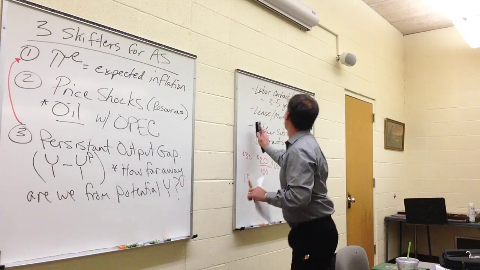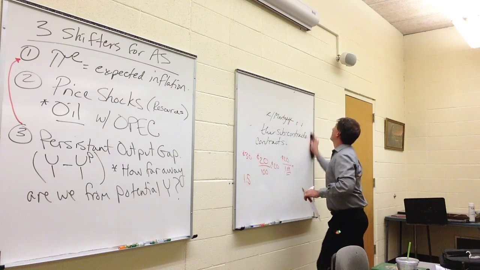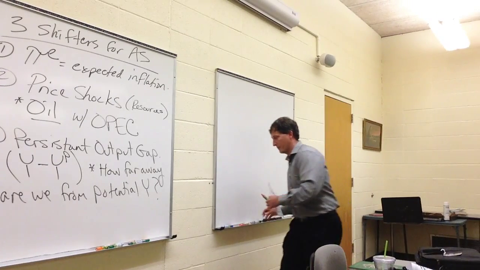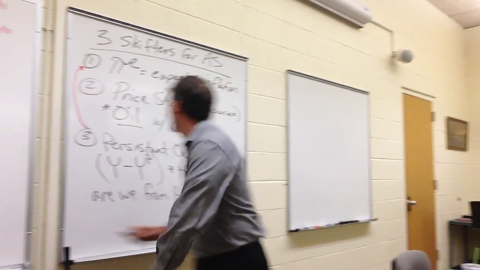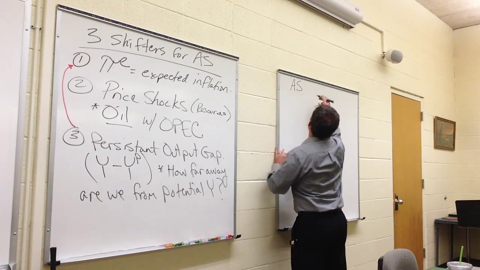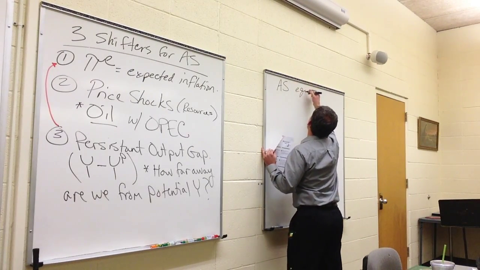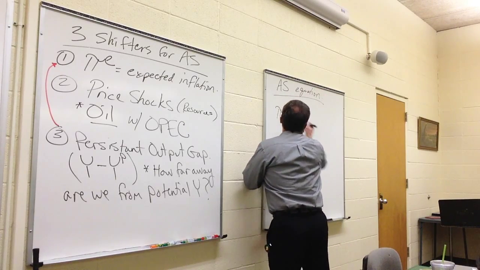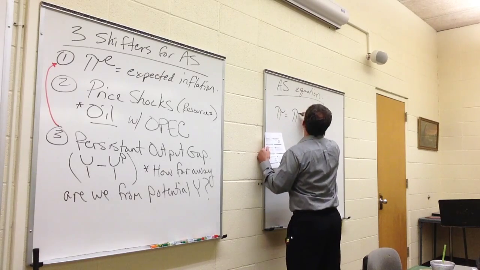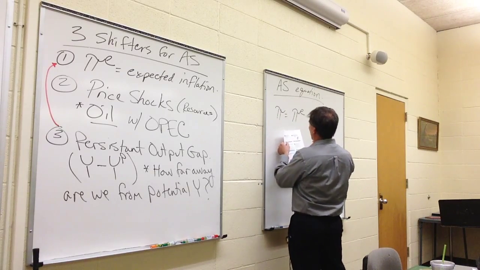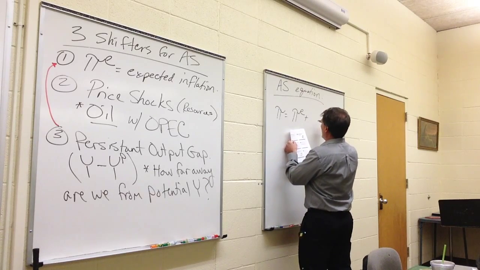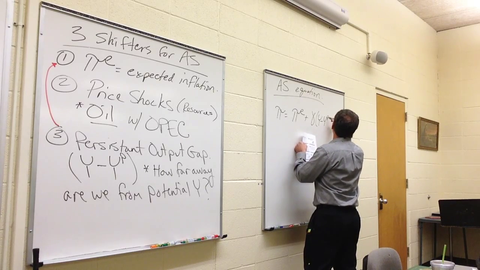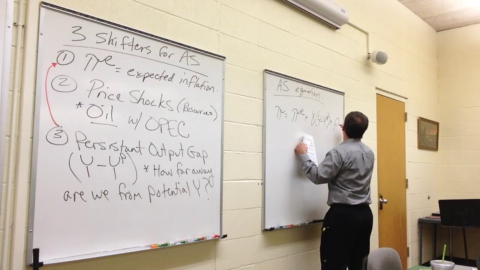Let me write out the equation that they use. Aggregate supply equation: inflation equals expected inflation, plus gamma times the output gap, plus rho.